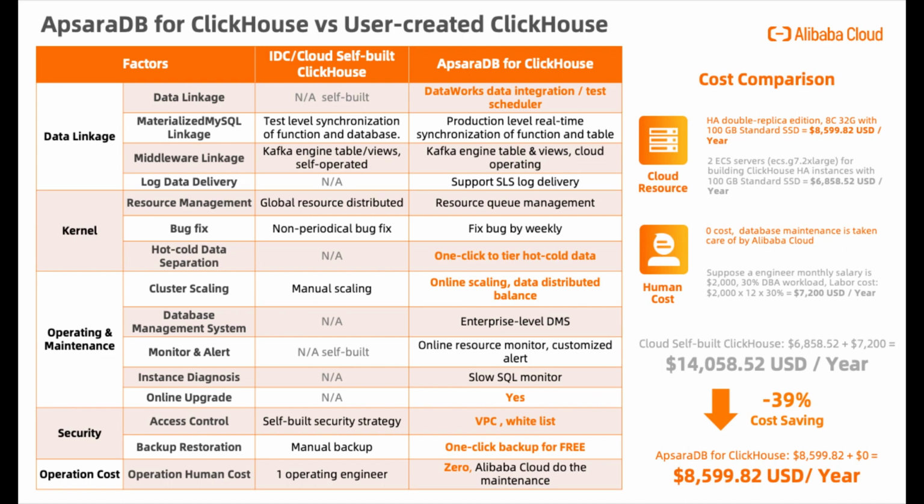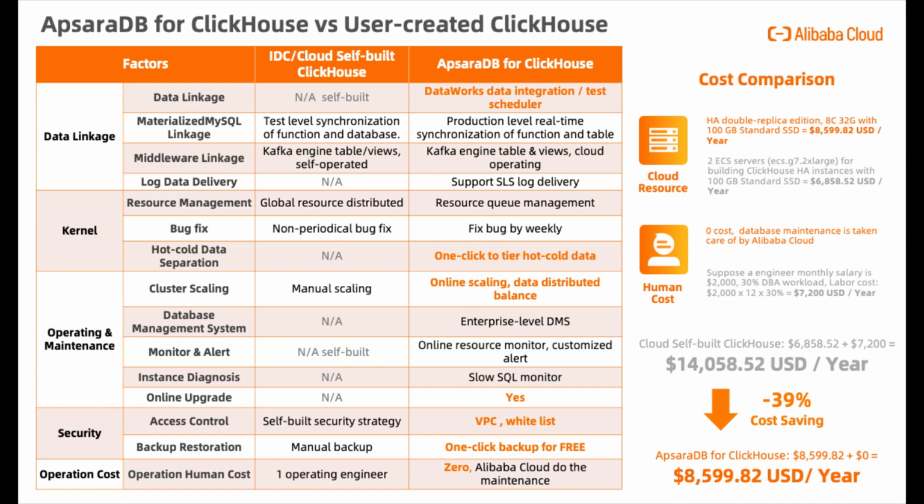Compared to the self-built solution, as we mentioned before, it will require at least one operating engineer. Suppose the engineer's monthly salary is $2,000 in US dollars, and let's assume the engineer has 30% workload on DBA work. The labor cost is going to be $7,200 per year.